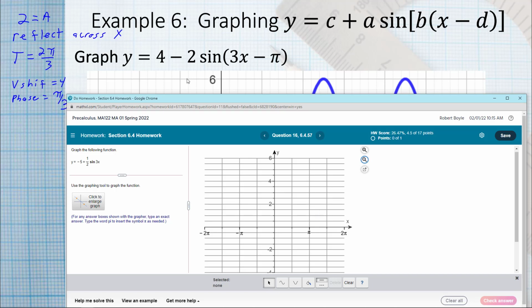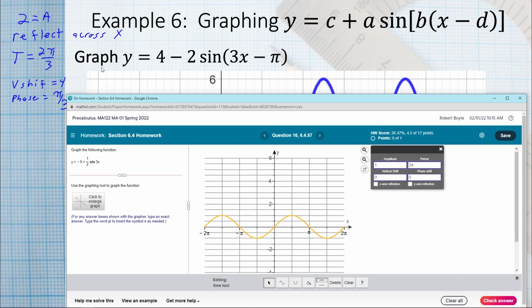Okay, so notice here we have sine, so I'm going to click on the sine tool this time, and then anywhere in the graph, there's my base sine function. My amplitude is 2, so I'm going to put a 2 in here. I am reflecting across the x-axis, so I'm going to click this. Okay, my period is 2 pi divided by 3.